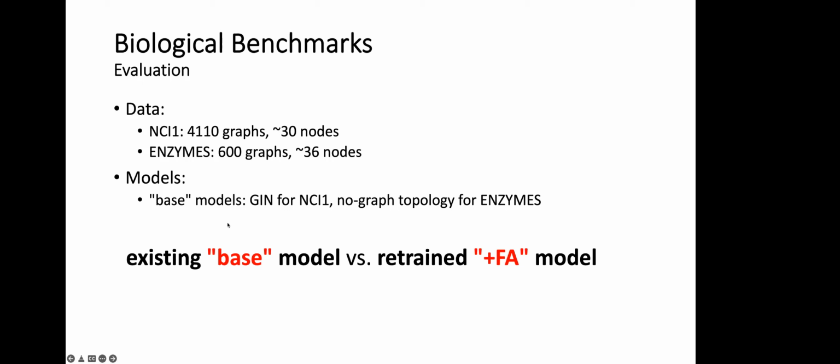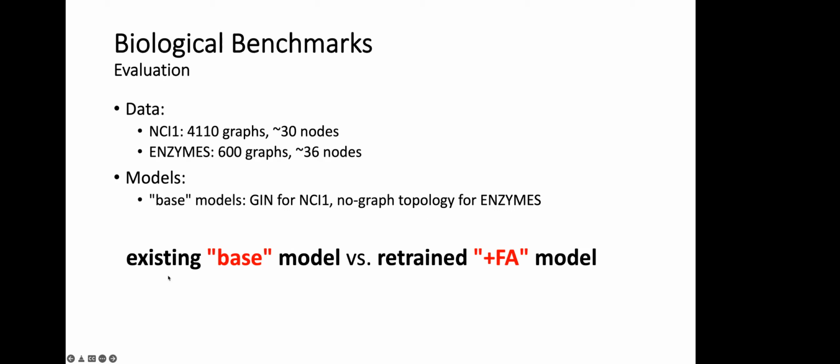For their base models, for NCI1 they use GIN, which is proven to achieve the best state-of-the-art performance on this dataset. And for the enzymes dataset, previous work found that no graph topology is better for this dataset.